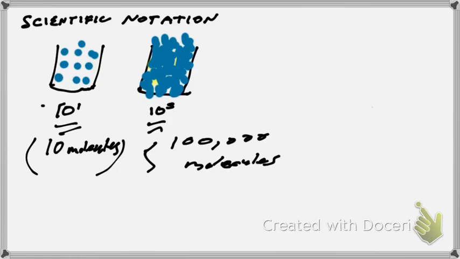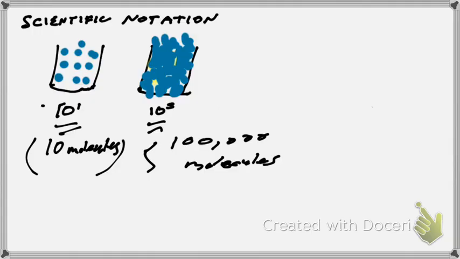Now that we understand how scientific notation works, how the numbers are represented, and what the bases and exponents represent, not graphically but visually, we have a better understanding of what that difference in the molecules looks like.